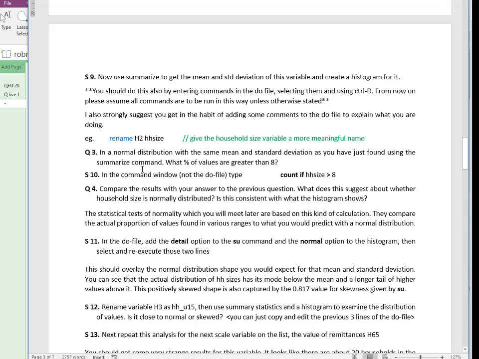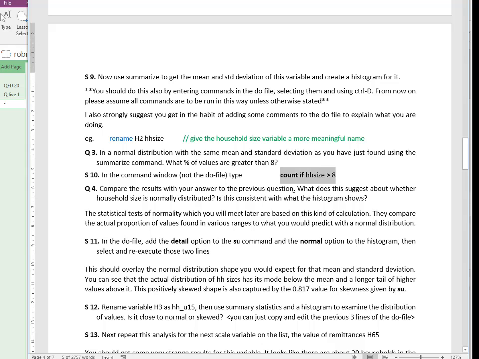Now, once you've worked that out, you want to actually count how many in the actual data are above 8. So in the command window, because I don't want to store this, it's just something I'm doing as a test, I'll do this. This command just counts how many rows satisfy this condition, so how many observations there are with a household bigger than 8.